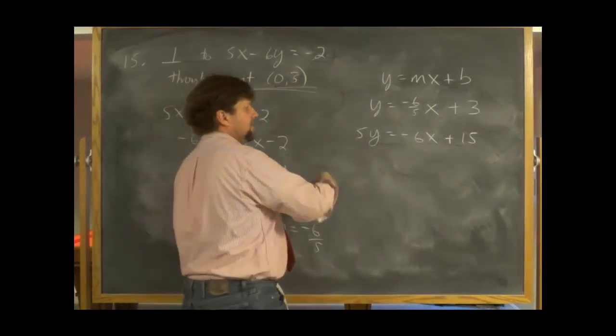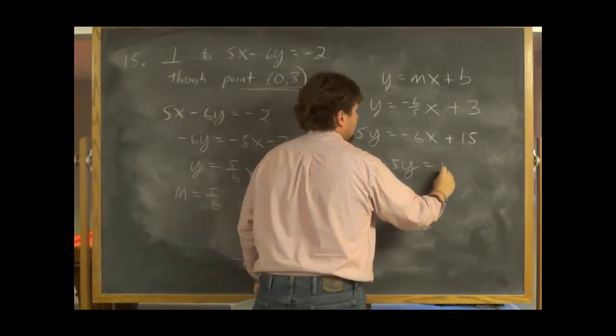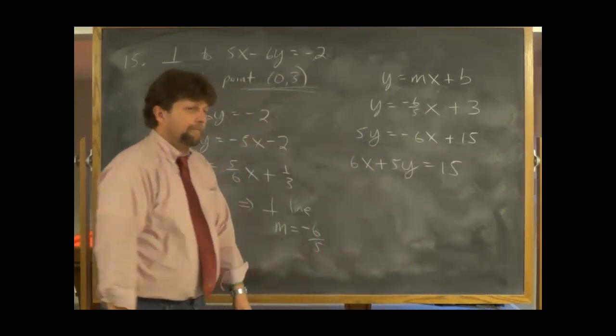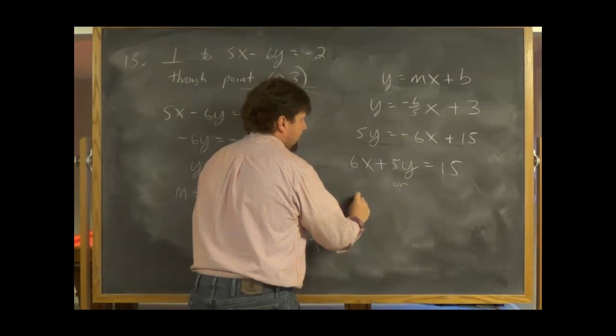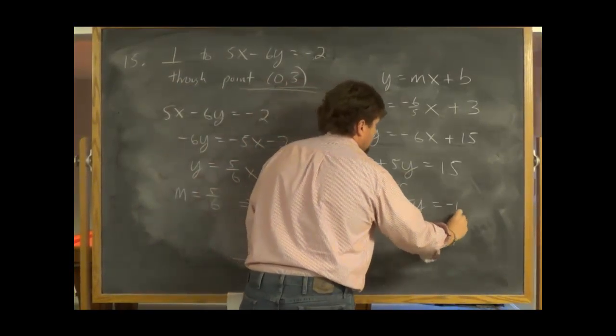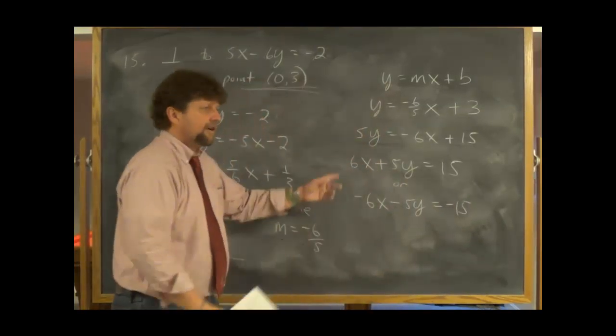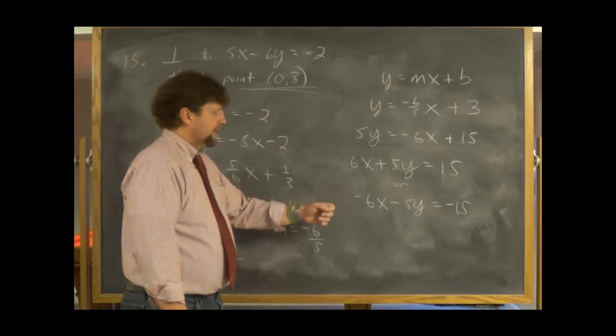And then add 6x to both sides. Gives me 6x plus 5y equals 15. This is fine. Or some of you may end up with -6x minus 5y equals -15. These are equivalent. Either one of these would be acceptable for the standard form.